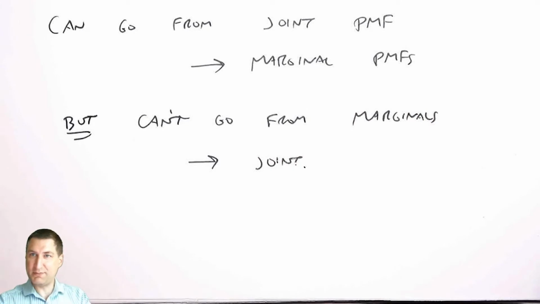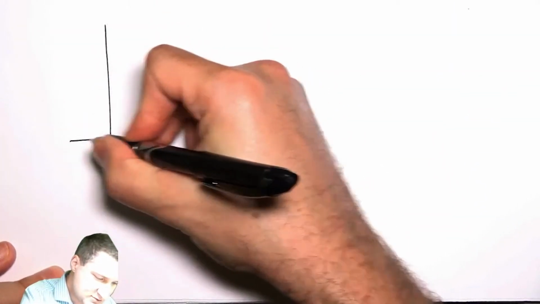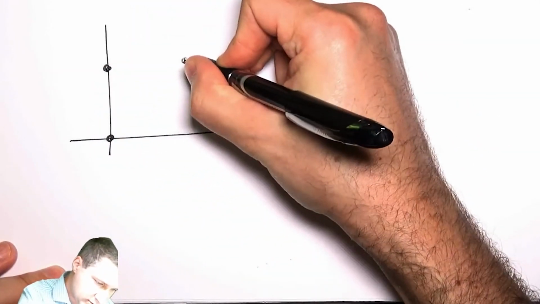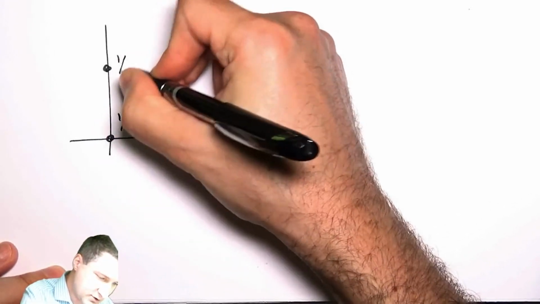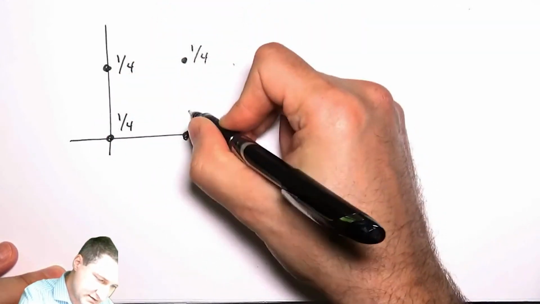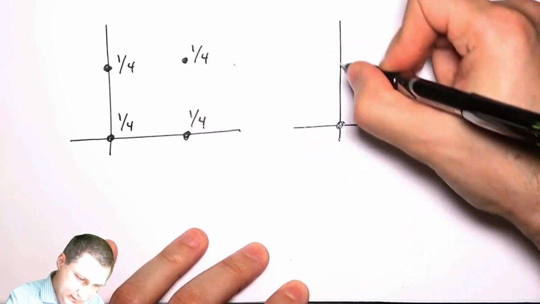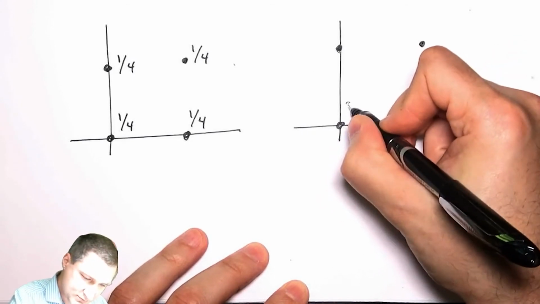If I just tell you what's happening in X and Y, that's not enough for you to know what's happening together. Let me do a simple example to illustrate why that's the case. Suppose that I have these two joint PMFs. Let's suppose this is like a uniform PMF in 2 dimensions. And then we have this one.